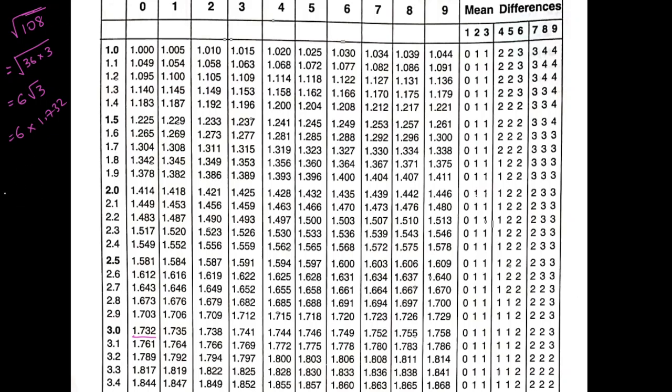In this situation, I could factorize 108 and get the values out of it. But what if I get a number which cannot be factorized as easily, or maybe it's a prime number, right?